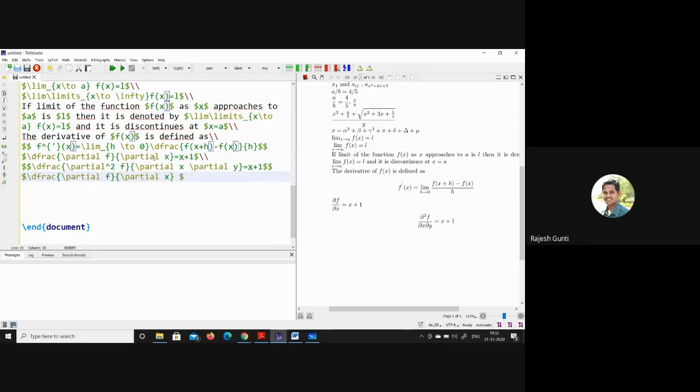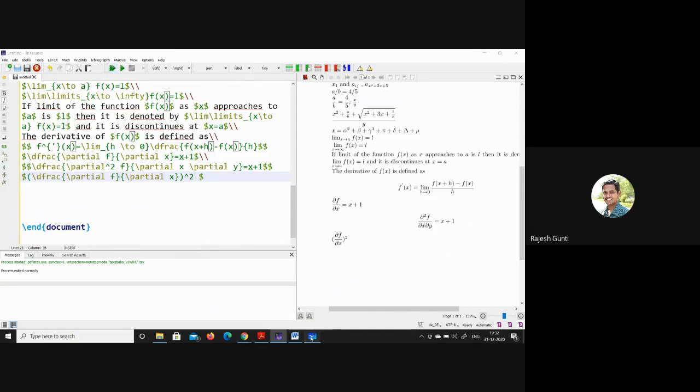Next thing is how to get the whole square, as she asked. Suppose if I give brackets like this, I won't get it in a proper manner. I will give another command to get that whole square. I want to get it like this.